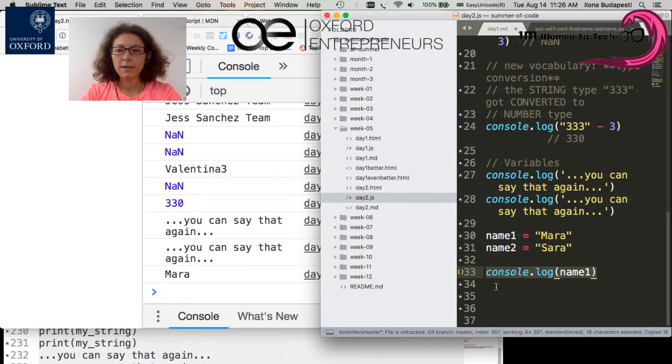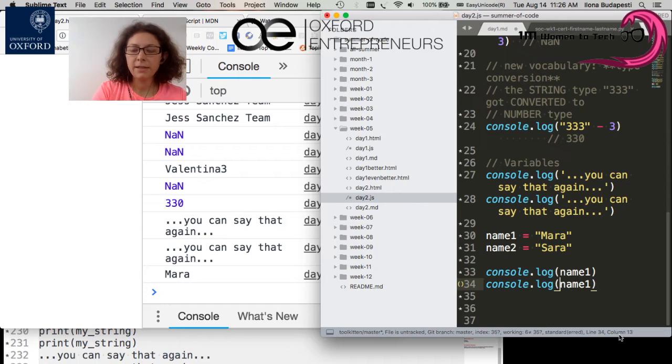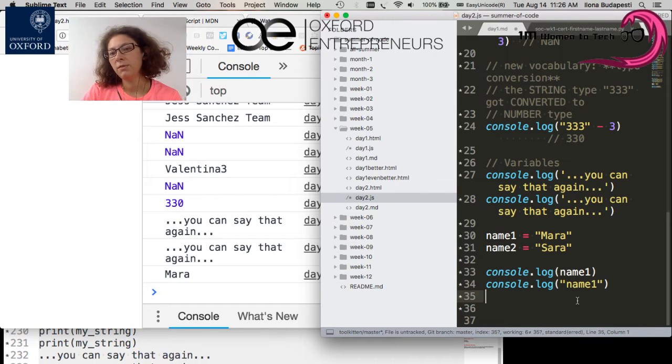What if we, previously, this is the first time you see this, previously we always put quotation marks around everything that we put inside our console log. Do you see the difference? This is quite important for beginners, and sometimes you'll forget this. If you put quotation marks around it, it means I exactly want what's inside here as it is written here.